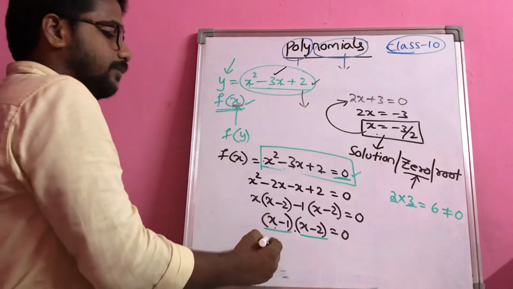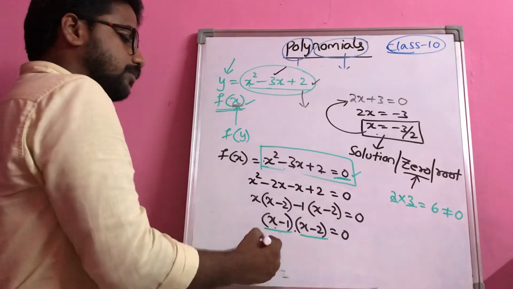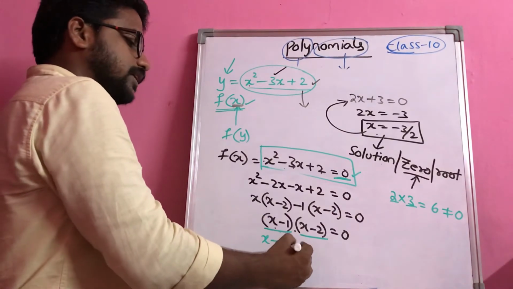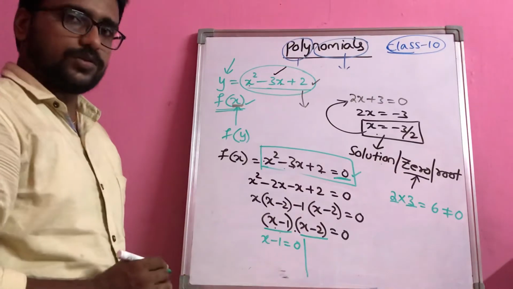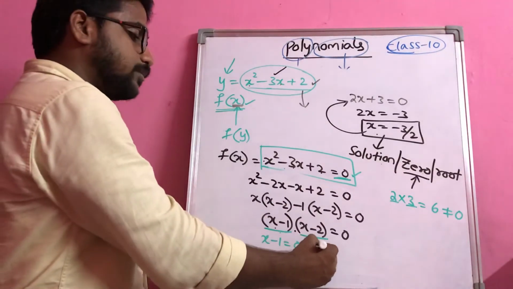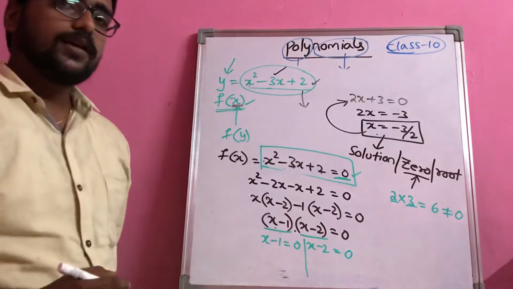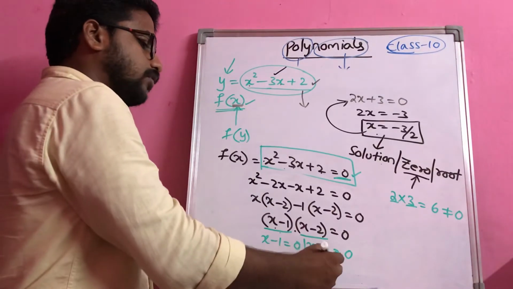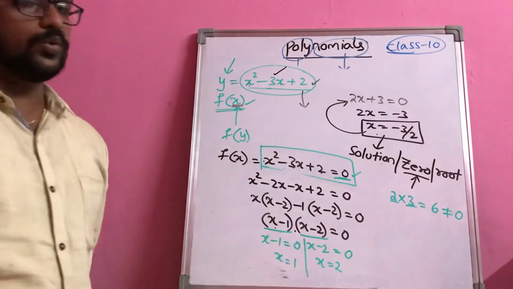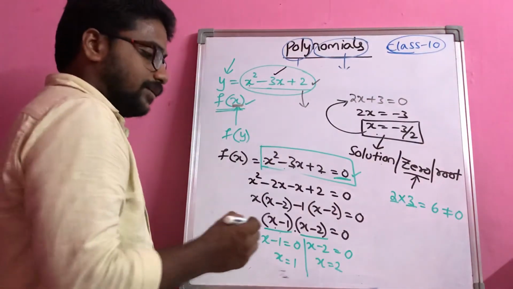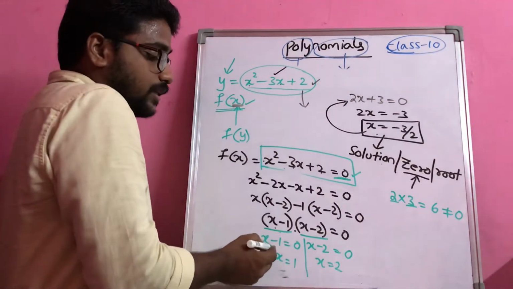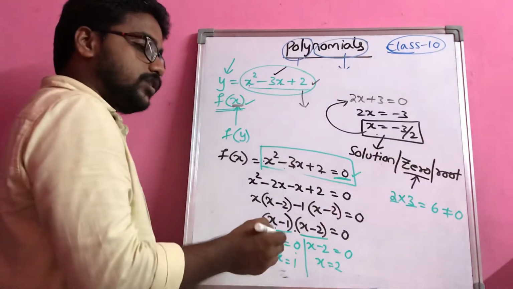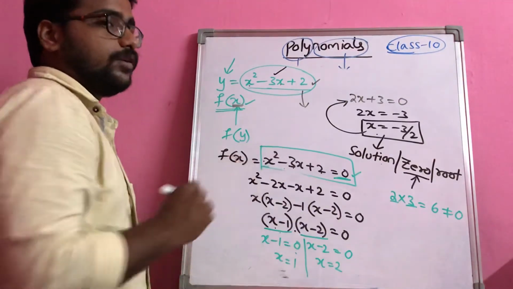In a similar way, the product of two numbers being equal to 0 means it is either x minus 1 is equal to 0 or x minus 2 is equal to 0. So the value of x will become 1 or the value of x is equal to 2. Please understand that I am using the words either x minus 1 is equal to 0 or x minus 2 is equal to 0.